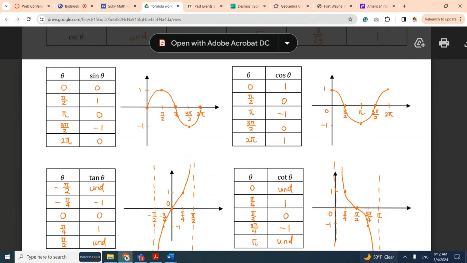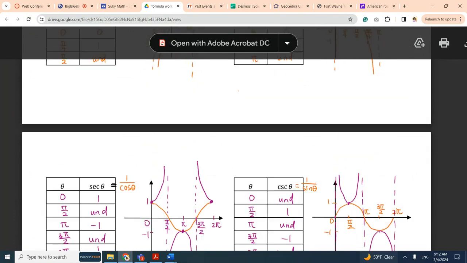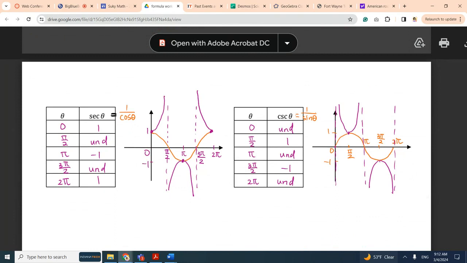Tangent looks like x cubed, cotangent you flip it over, and cotangent is from 0 to pi. Then secant and cosecant. Secant is 1 over cosine, so you draw the cosine and flip it over, so it's up, down. And cosecant is 1 over sine, so you also flip it over, so up, down, up, down. Okay, everybody? You will practice this worksheet at the end of the class.